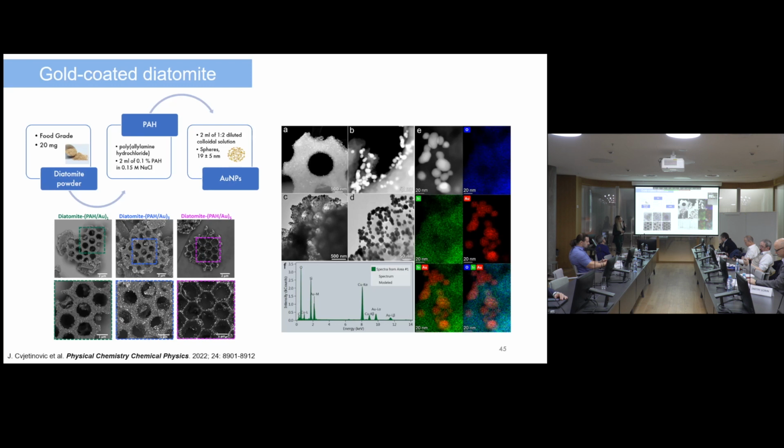Here you can also see the results obtained by performing scanning transmission electron microscopy and transmission electron microscopy on the sample, which consisted of 3 bilayers. So again, we see very good coverage of diatomite by gold nanoparticles. These peaks from the EDX spectrum originate, of course, from oxygen, silicon, gold, and copper from the TEM grid, and maybe some other peaks can be due to residual organics from the diatomite powder.